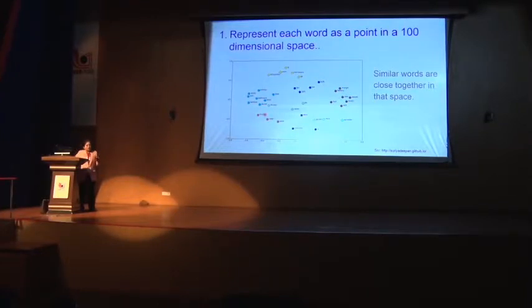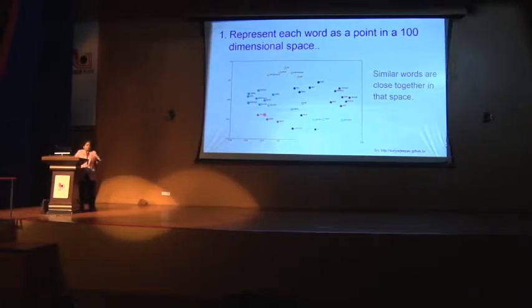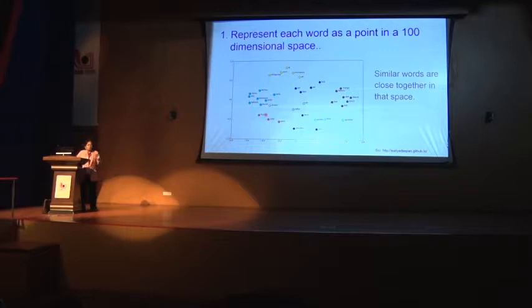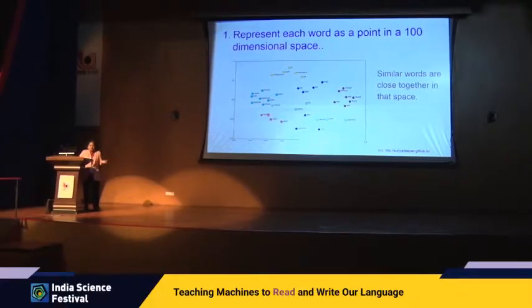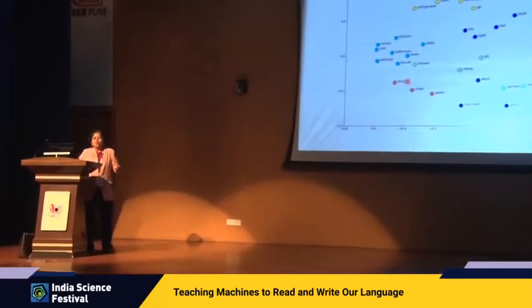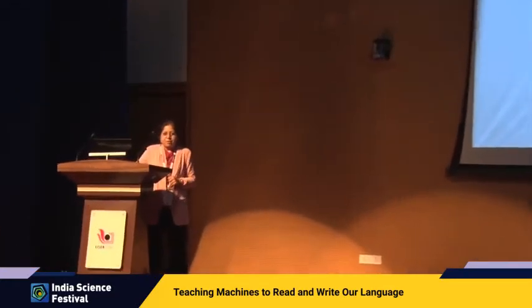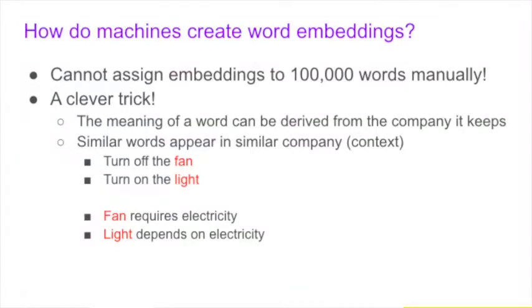So how does a computer come up with these word embeddings? You take discrete words, you take tomes and tomes of books, and you associate each word with a 100-dimensional real vector. How is that done, without any intervention, without any explicit dictionary of what each word means? That is done using a very clever trick. You all might have heard that a man is known by the company he keeps, and the same applies for words.